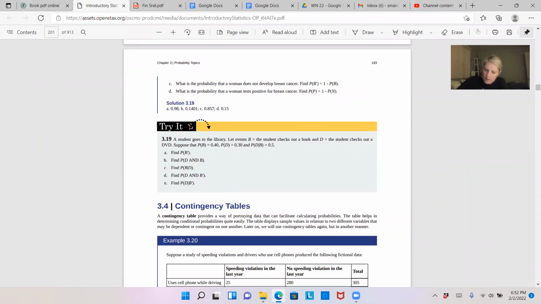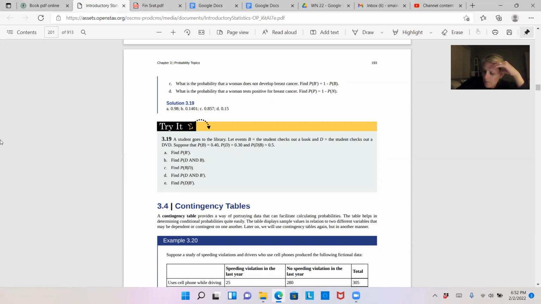It says a student goes to the library. Let event B equal the student checks out a book, and D is the student checks out a DVD. Suppose that the probability of B is equal to 0.4 and the probability of D, the DVD, is equal to 0.3. The probability of D given B is equal to 0.5.